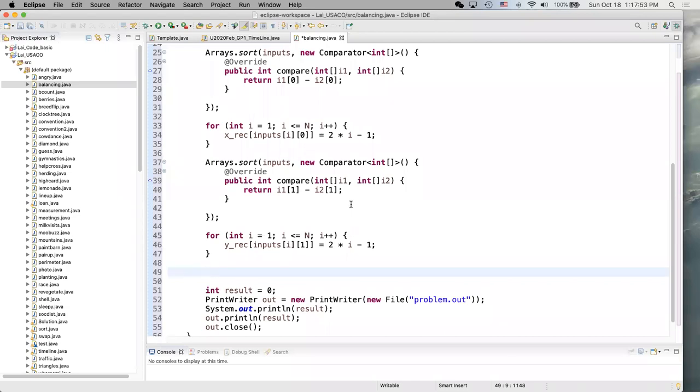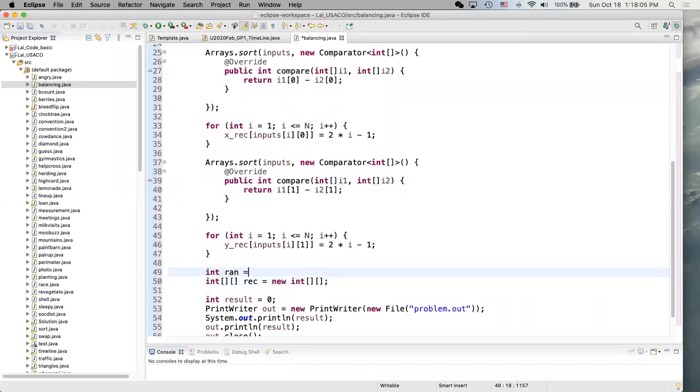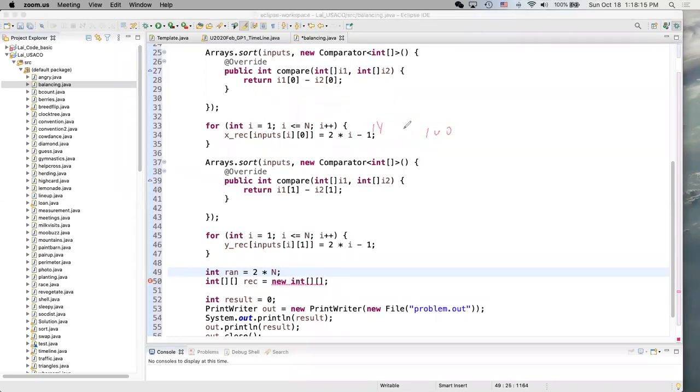So first of all, you need another 2D array to represent your new farm, which is rec, going to be new int. What range for that? Go ahead and define the range. That's going to be 2 times N. Why is that? Because maximum you're going to have 100 for N, right?